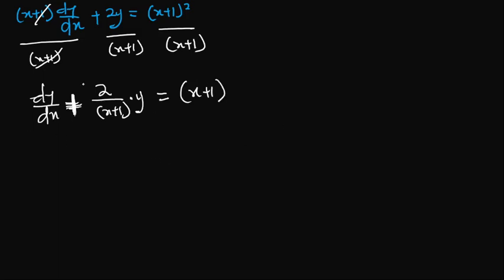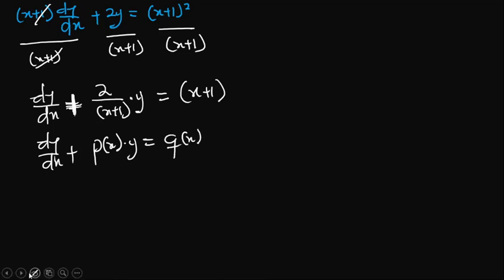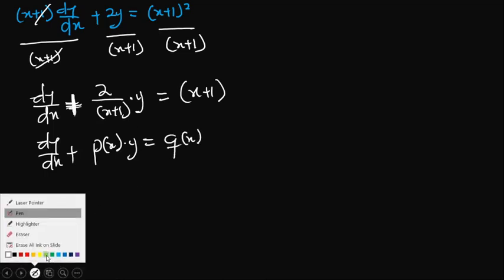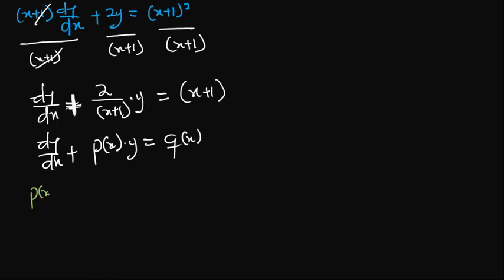Now if we look at this, it looks like the general form of the differential equation that we've talked about, that is dy dx plus P of x multiplied by y equal to Q of x. So from here we can boldly say our P of x is equal to 2 on x plus 1, then our Q of x is equal to just x plus 1.